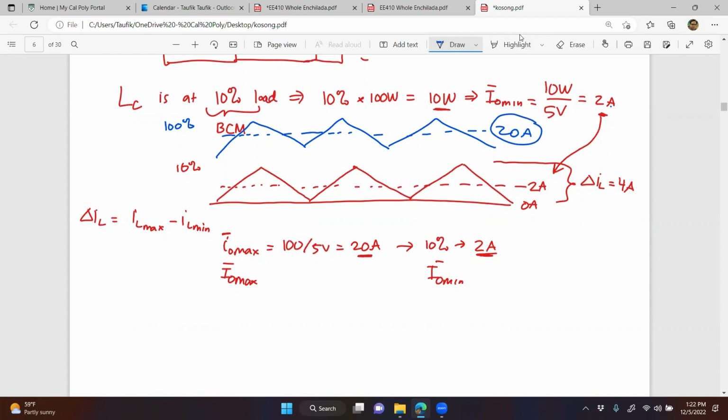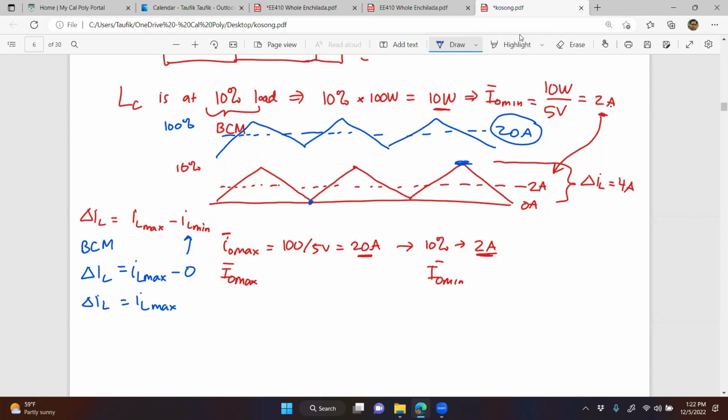But BCM is special, right? BCM is special because IL min is zero. So go ahead and put IL min there. Delta IL at BCM is equal to IL max minus IL min, but IL min at BCM is equal to zero. Therefore, delta IL is equal to IL max, which is the case right here.